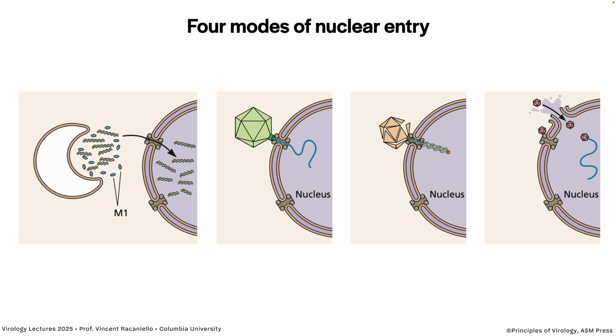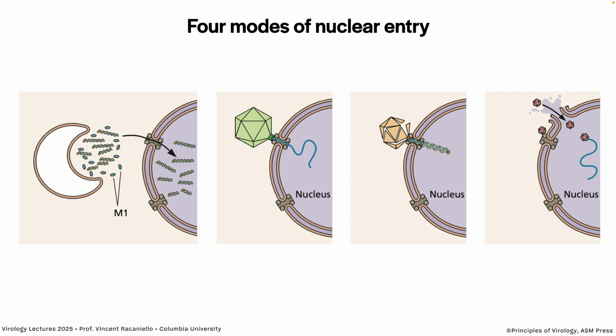The nucleus, of course, has pores that limit what can go in and out in terms of size. The ribonucleoprotein of influenza virus is small enough to fit through the nuclear pore, so as soon as those are released by fusion, they can go into the nucleus. But herpes virus and adenovirus are too big to get through the pore.